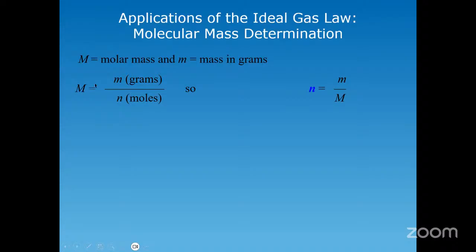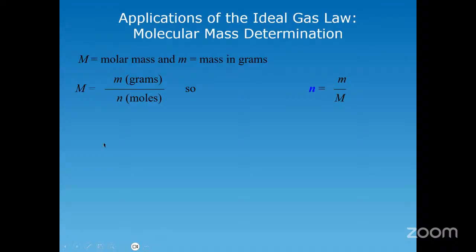So what we're doing here is using uppercase M to represent the molar mass and lowercase m to represent the mass in grams, all right? So if we keep those two terms in mind, then the relationship between uppercase M, lowercase m, and the moles will be given by this equation right here.